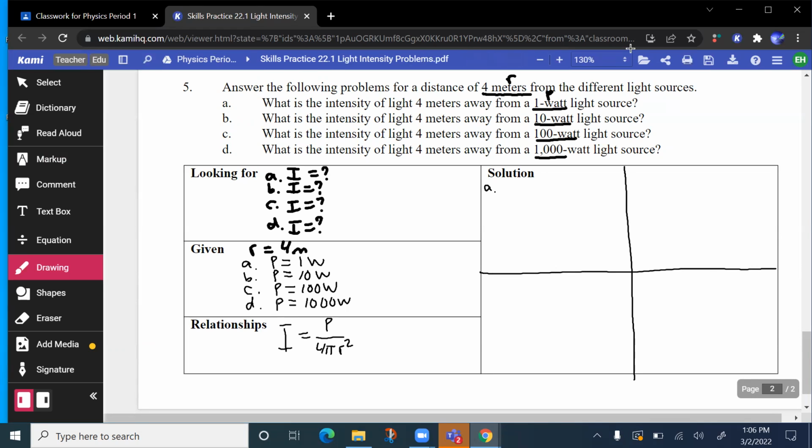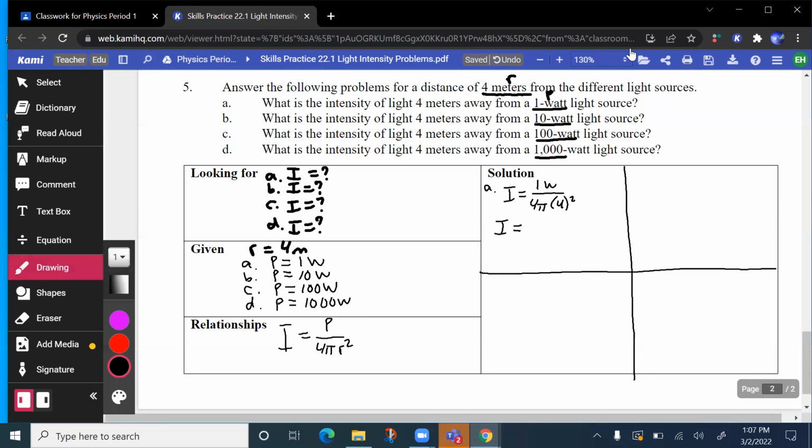Part A, we're going to go intensity equals 1 watt over 4 times pi times the radius, which is 4 squared. Now, the denominator is going to be the same all the time, which is going to make the other calculations very simple. The denominator, we're going to go 4 squared, which is 16, and then multiply 16 times 4 pi.